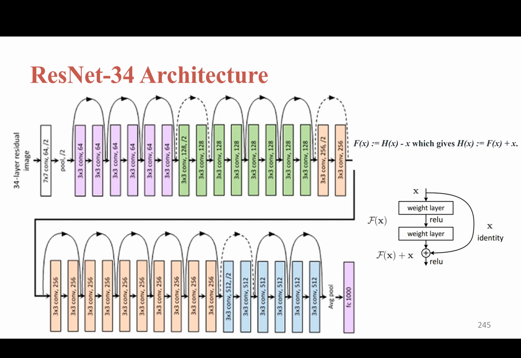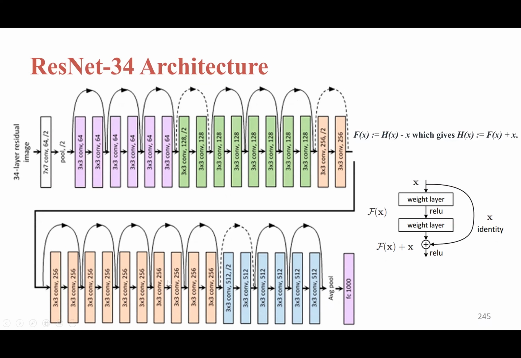So this is how the ResNet looks. This is the architecture, and you can see several skip connections. Different blocks are there. So this is the overview of the ResNet 34 architecture. ResNet also has different versions. I'll discuss later, but these are 34 layers. So this is ResNet 34 architecture.